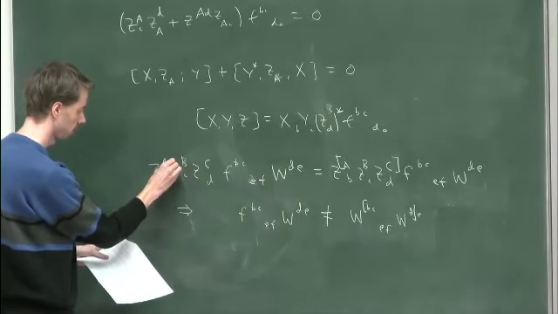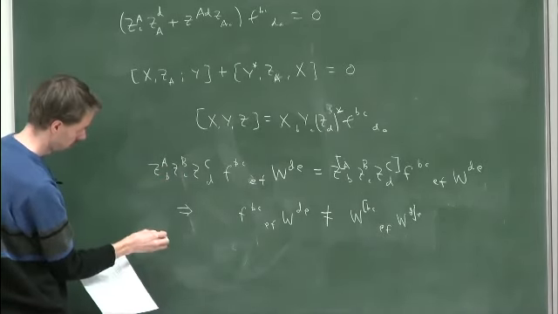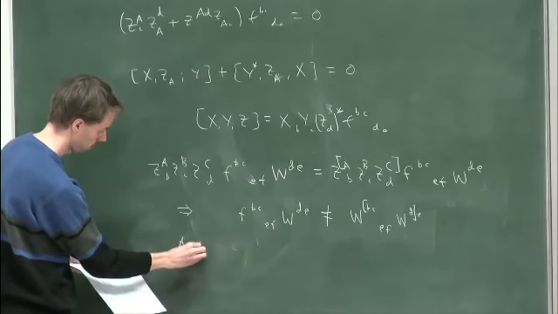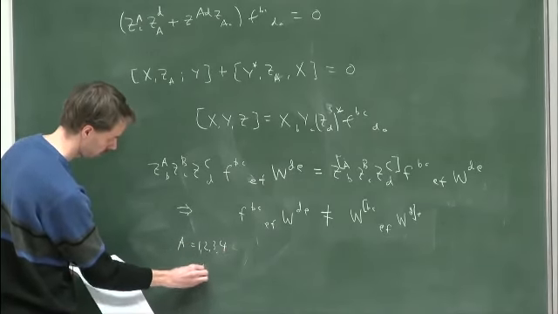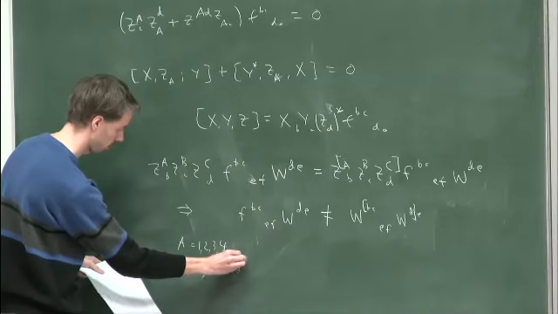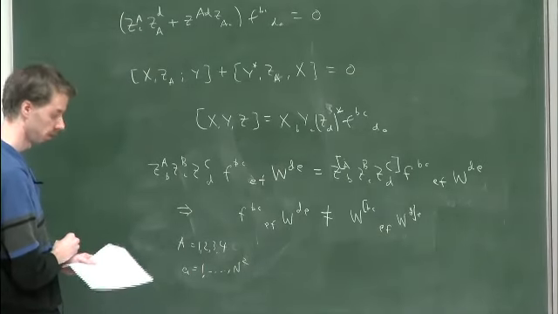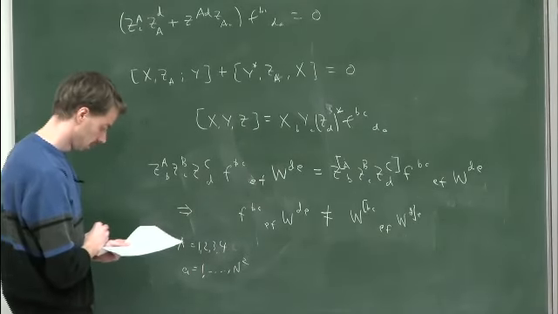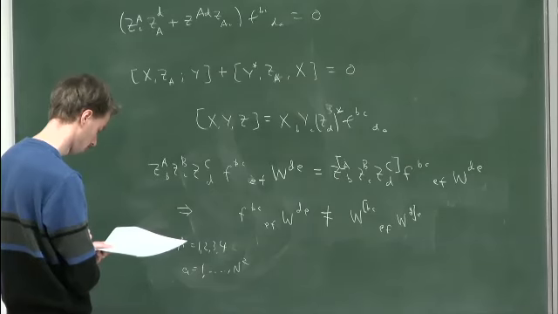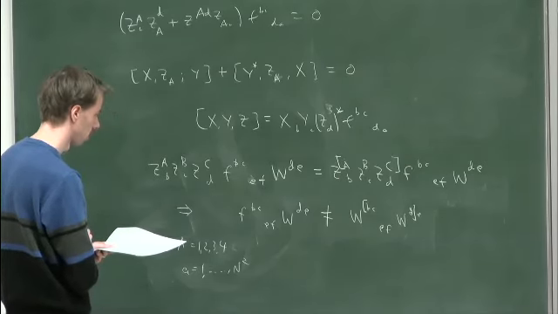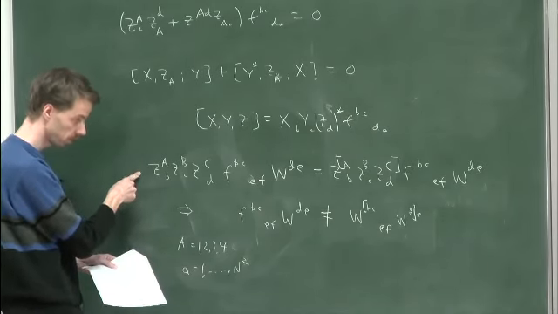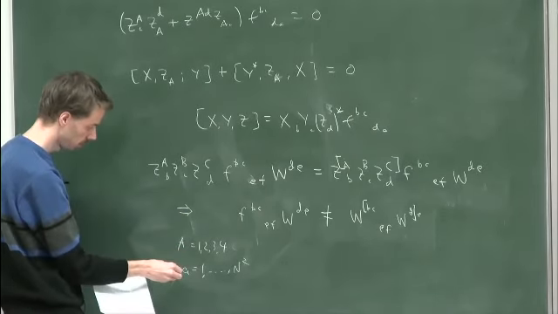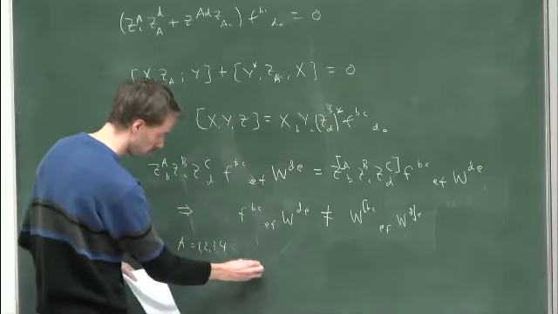Because one cannot eliminate the matter fields, because A is running from 1 to 4. And three-algebra indices are running from 1 to some N square. And it's quite obvious that this is much fewer equations, much fewer conditions than this if N square is bigger than 4.